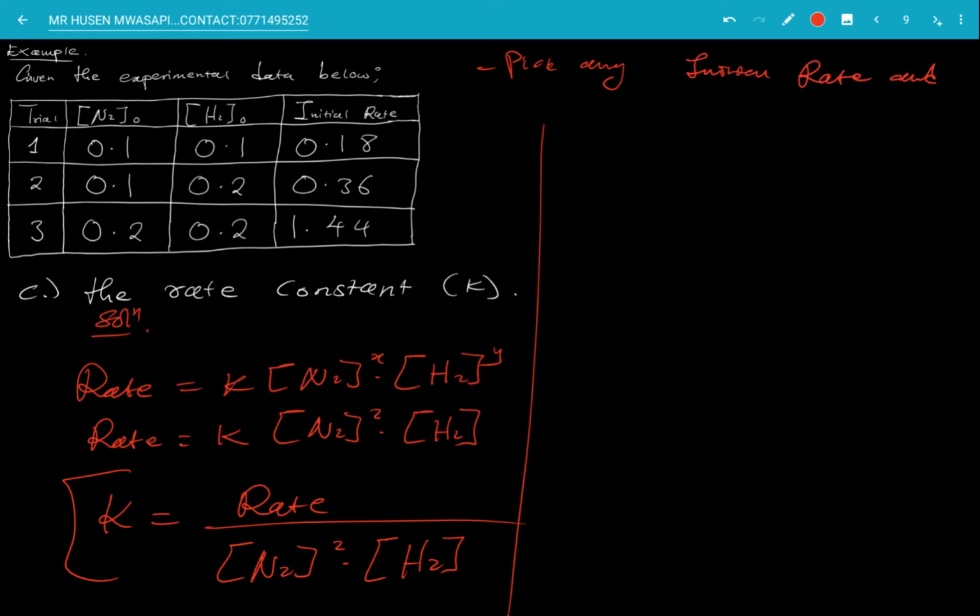And just plug in. So for simplicity's sake, I'm going for trial 1 because it has smaller values. So in my case, I pick trial 1.